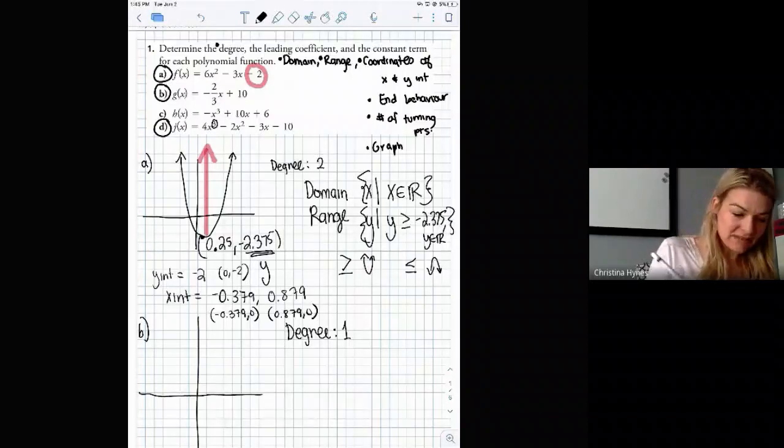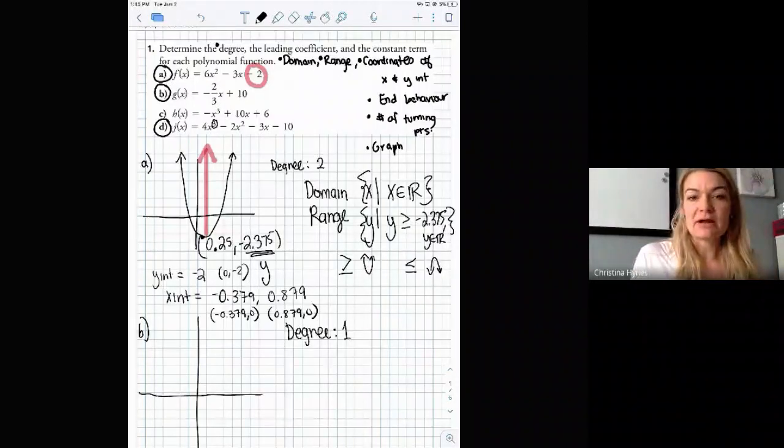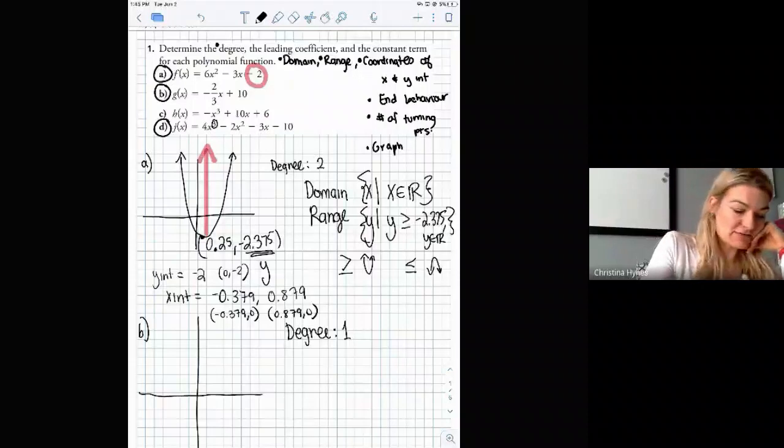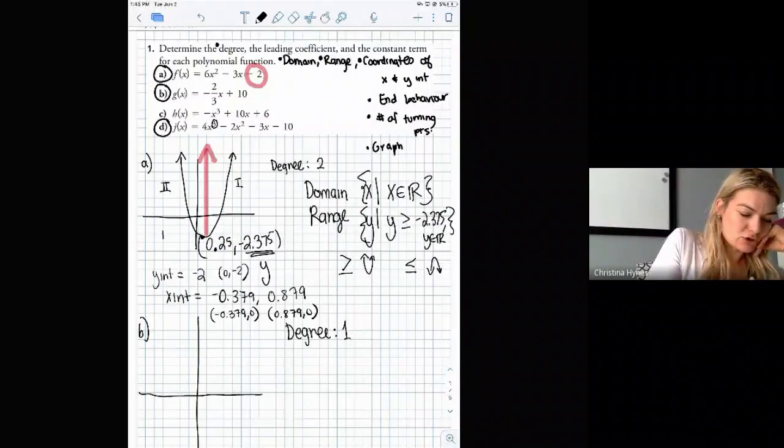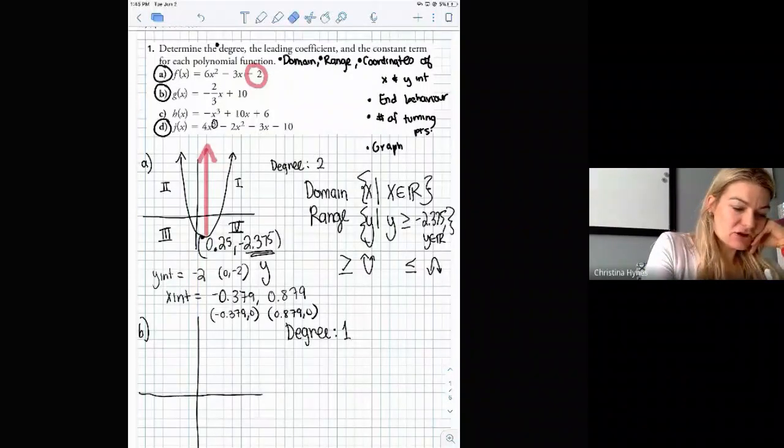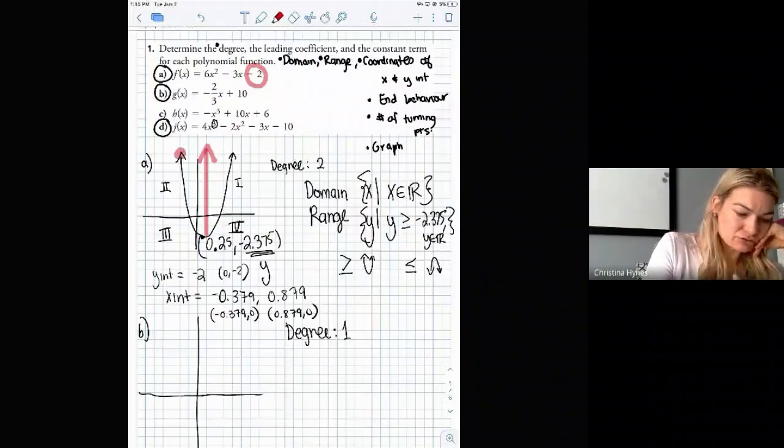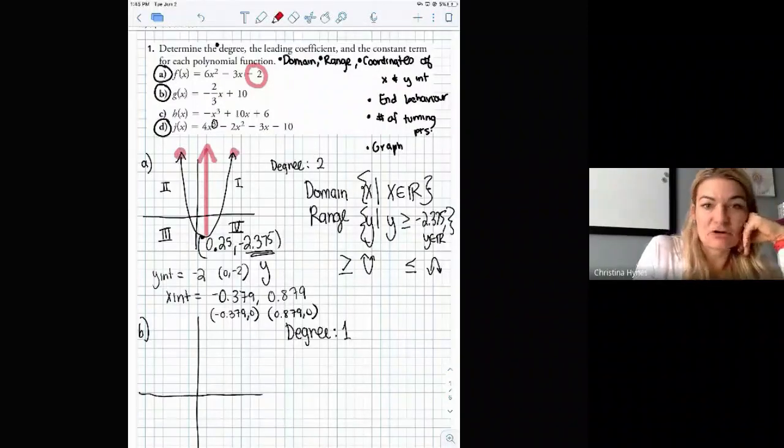End behavior. The end behavior is saying what quadrant does it start in, what quadrant does it end in when you're talking about the ends. So if you guys look, this is quadrant 1 always, this is quadrant 2, quadrant 3, and quadrant 4. The left end is in quadrant number 2, and the right end is in quadrant number 1.